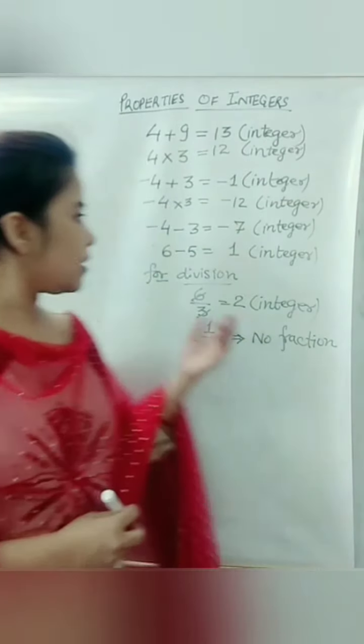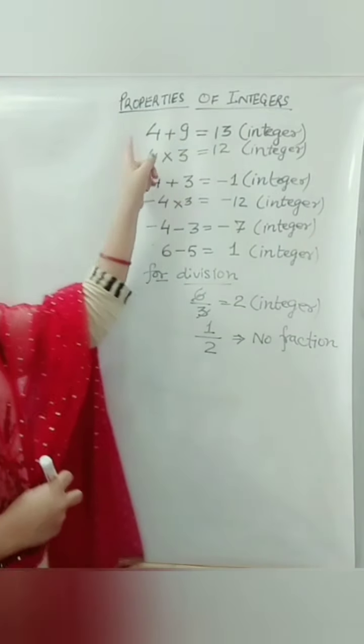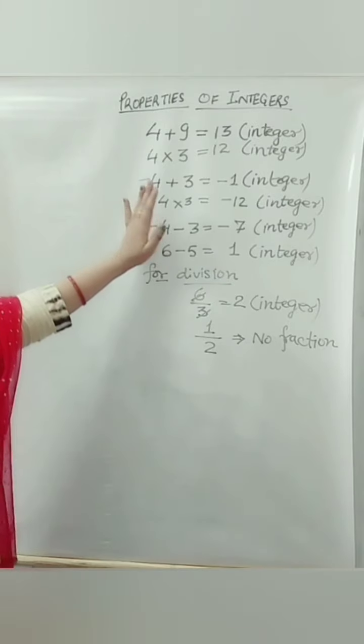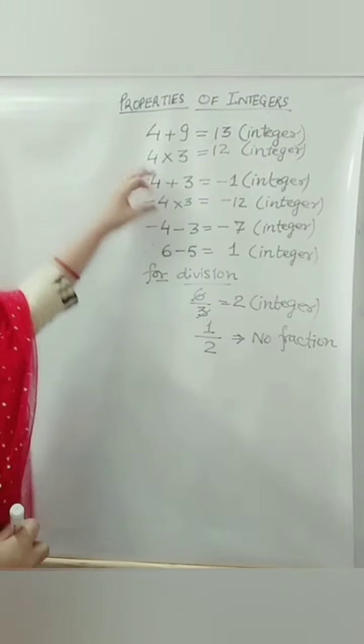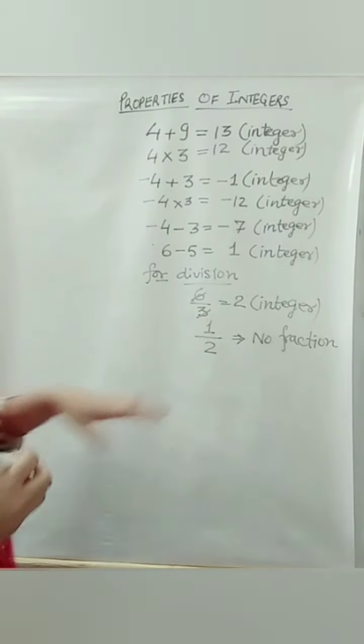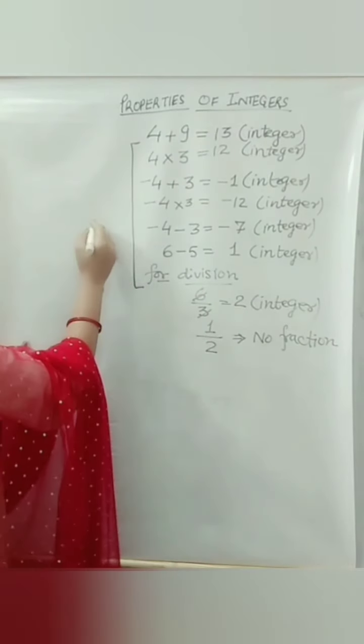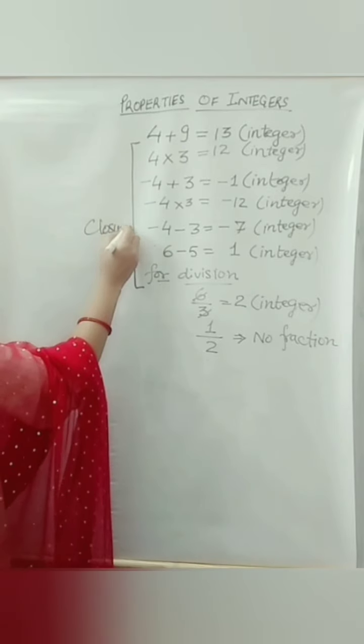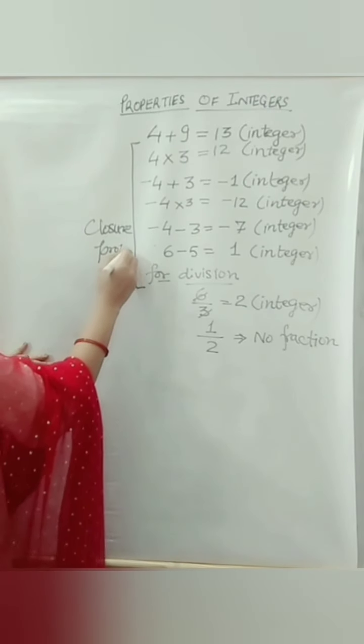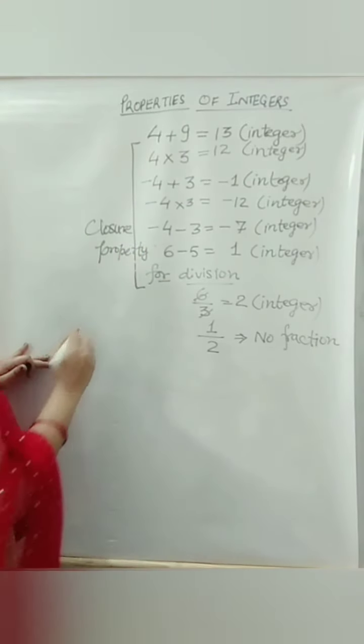So what we found here is that while adding we are getting an integer, while subtracting we are getting an integer, while doing multiplication we are getting an integer, but for division we are not getting. So this is all closure property. So what we get?